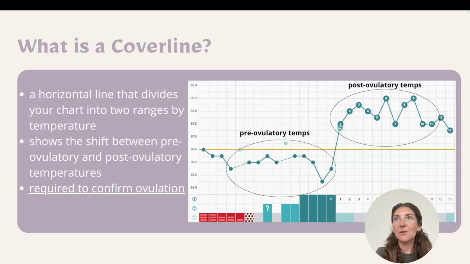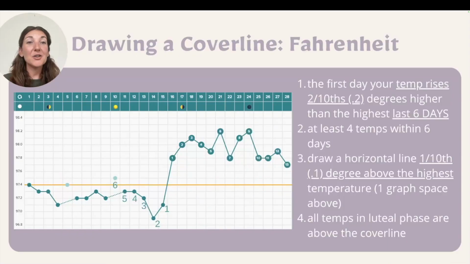And specifically, how we're going to do that is we're going to look for what's called a temperature shift. How do you identify a temperature shift? So you're looking for a temperature that's at least 0.2 degrees or 2 graph spaces, the magical number is 2, above the highest temperature within the last 6 days.